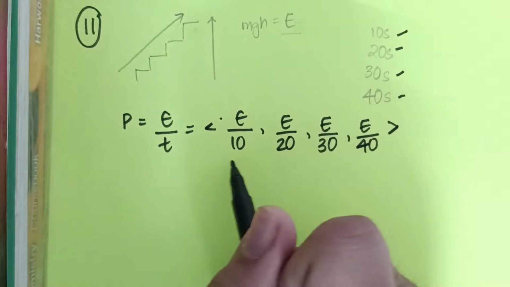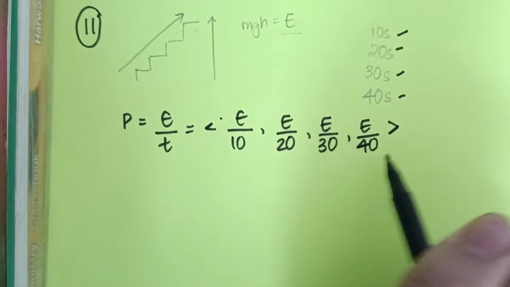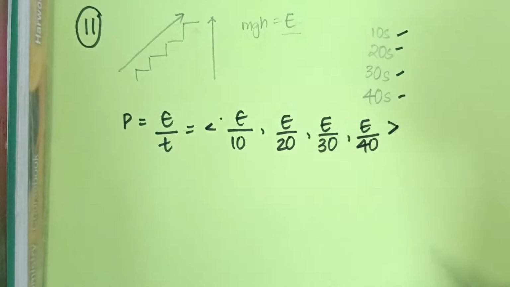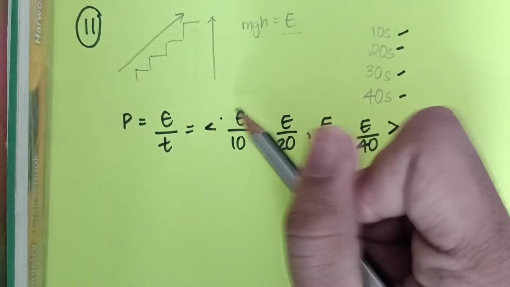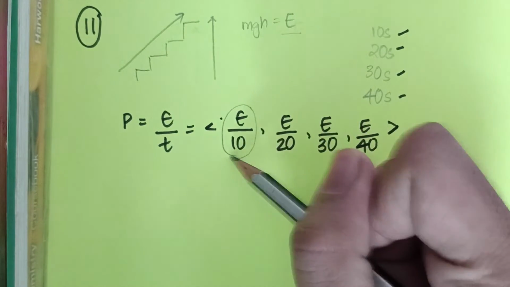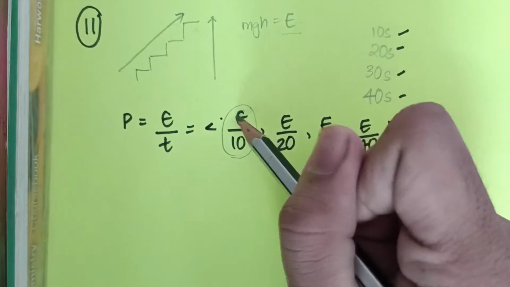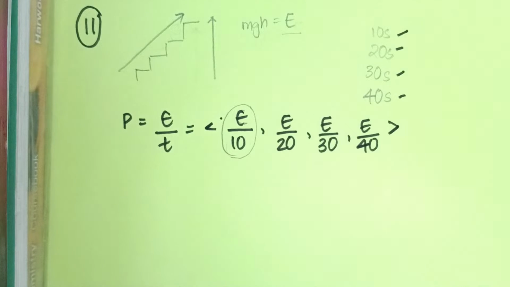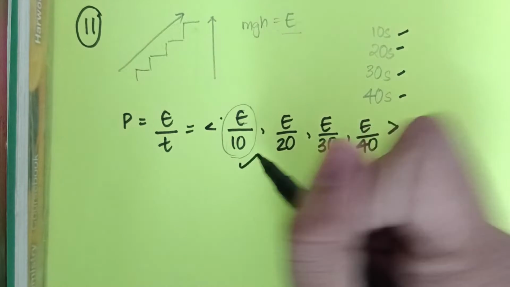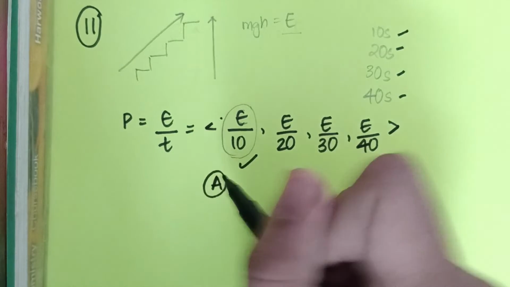Now these are the power outputs for the 4 options. Out of these we have to select which is the largest, and we can see that this option A is the largest immediately because it has a smaller denominator. The smaller the denominator in a fraction, the larger the fraction is. Therefore A is our correct answer.